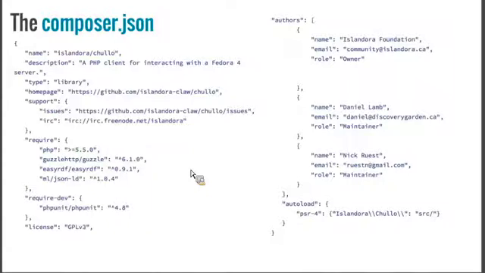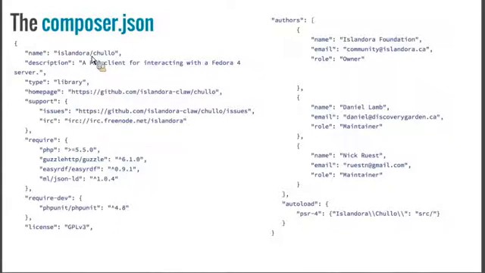This is a composer.json. Well, it's a lot of data, but I'll go through this because I think you need to understand what this means. First of all, since this is plain JSON, the same rules for our other types of JSON apply. We have these keys and these values.